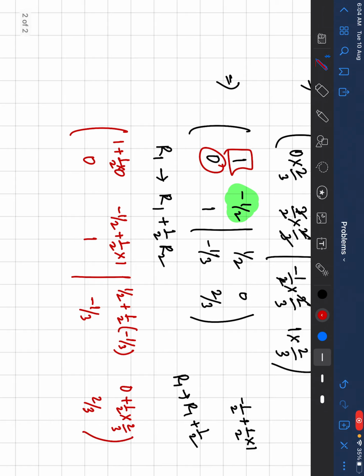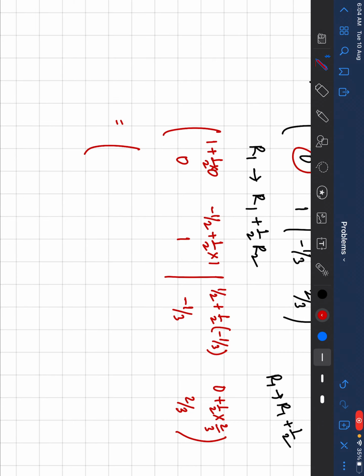So let's see what we get. We have 1, 0, 0, 1. Now you see we have already got the identity matrix. And this side what we have is half minus 1 by 6, minus 1 by 3. This 2 gets cancelled, so we have 1 by 3, and here we have 2 by 3.